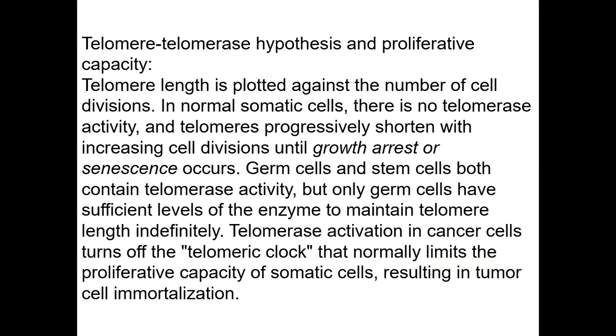And telomeres progressively shorten with increasing cell division until growth arrest or senescence occurs. Germ cells and stem cells have telomerase activity, but only germ cells have a sufficient level of this enzyme to maintain telomere length indefinitely. Telomerase activation in cancer cells turns off the telomeric clock that normally limits the proliferative capacity of somatic cells, resulting in tumor cell immortalization.